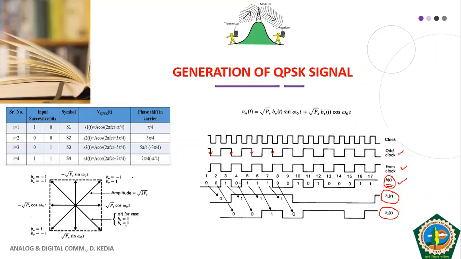Okay, and for the even clock, my negative going edge comes here. There is a delay of time period Tb between your even clock and odd clock, or between the negative going edges. It means your odd flip-flop will work at this point, your even flip-flop will work at this point.